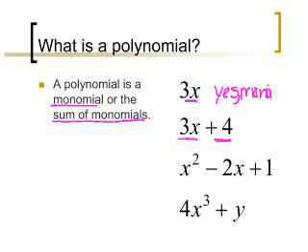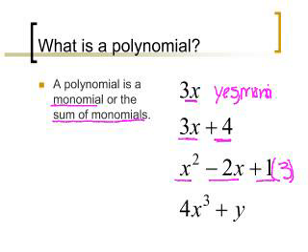On the next one, x squared minus 2x plus 1. So this particular polynomial has 3 terms in it. So x squared, then you have the term minus 2x, and then plus 1, so it has 3 terms. So you have 3 monomials combined to make this polynomial, and when it has 3 terms, the prefix is called tri, so it's a trinomial.